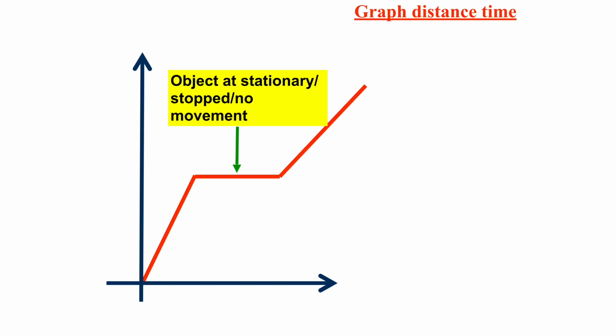For this distance time graph, it seems like the object is stationary, or stopped, or there is no movement, for the horizontal path.